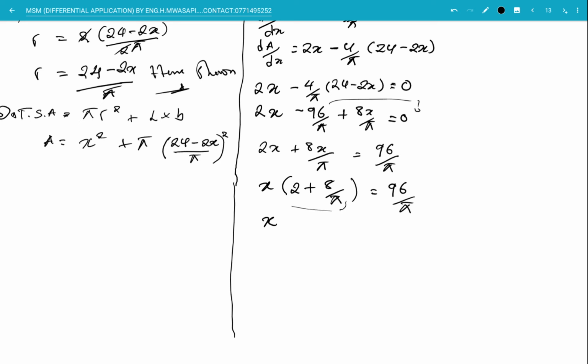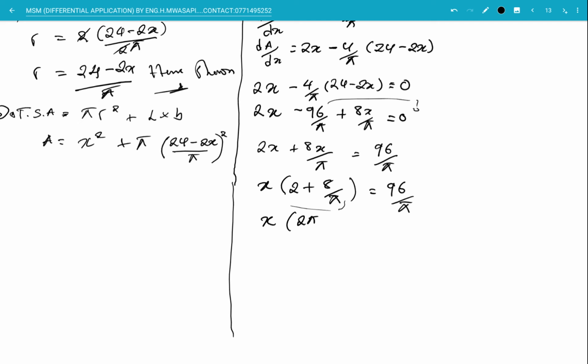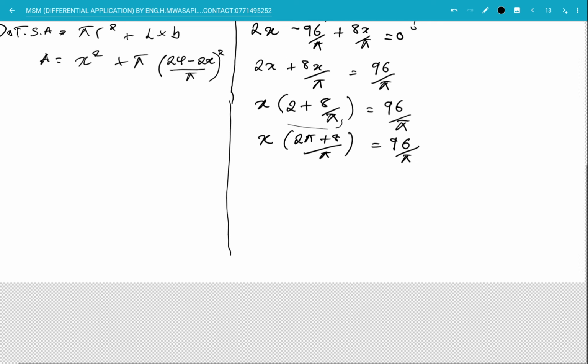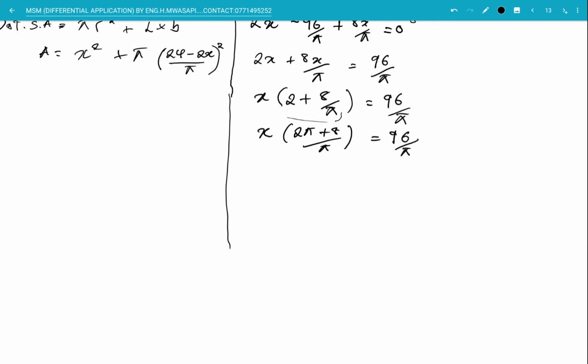When we combine these two, what we're going to have is x times (2 pi plus 8) over pi, which is equal to 96 over pi. Therefore, we need to divide both sides by (2 pi plus 8) over pi so that we remain with x on one side. Because our job, don't forget the aim of this question, is finding the value of x.